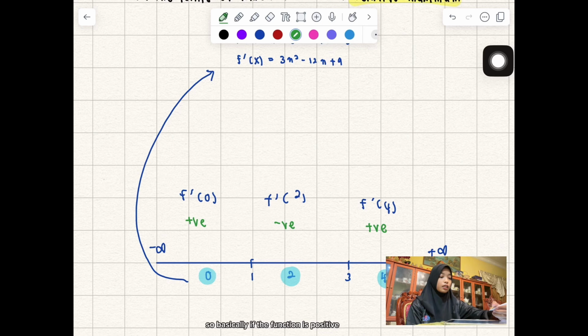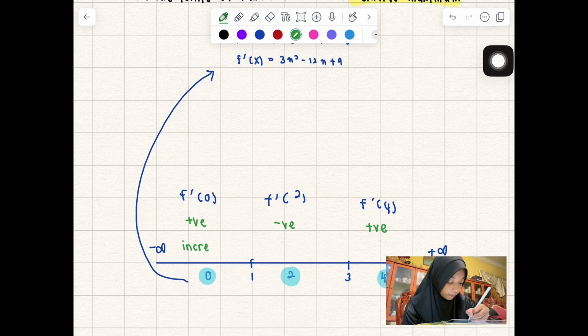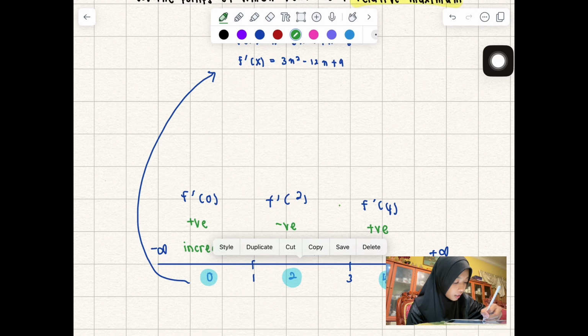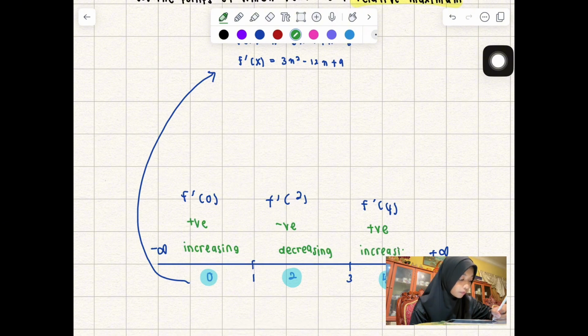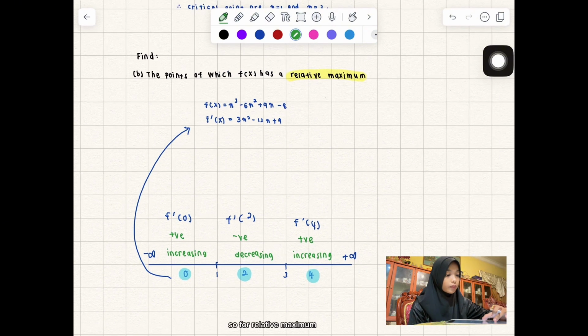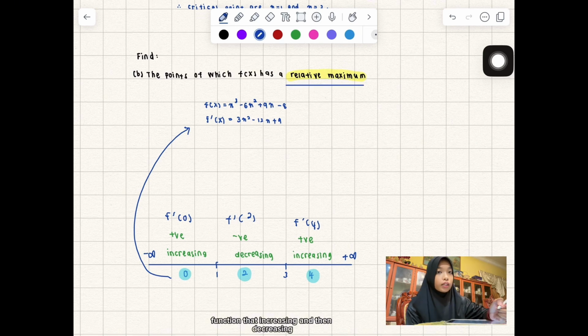If the value is positive, that is increasing. If the value is negative, that is decreasing. For a relative maximum, we need to find where the function is increasing and then decreasing.